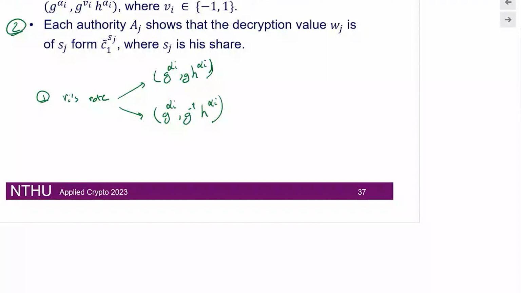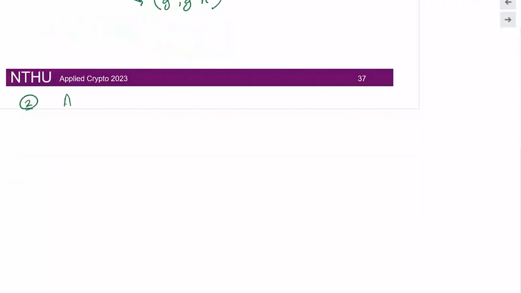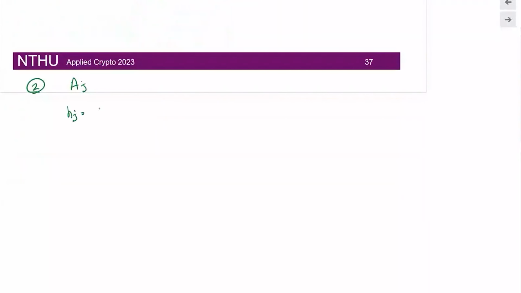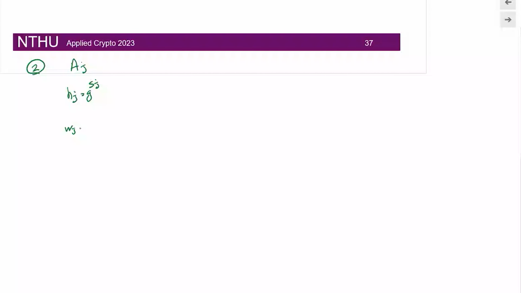So for number 2, we know that we have this authority Aj, who has this hj, which is equal to g to the sj. This is a share, so this is from public information that I have. Also, in the middle of the computation, this same authority has to provide me the wj, which equals c1 tilde to the power sj, right?